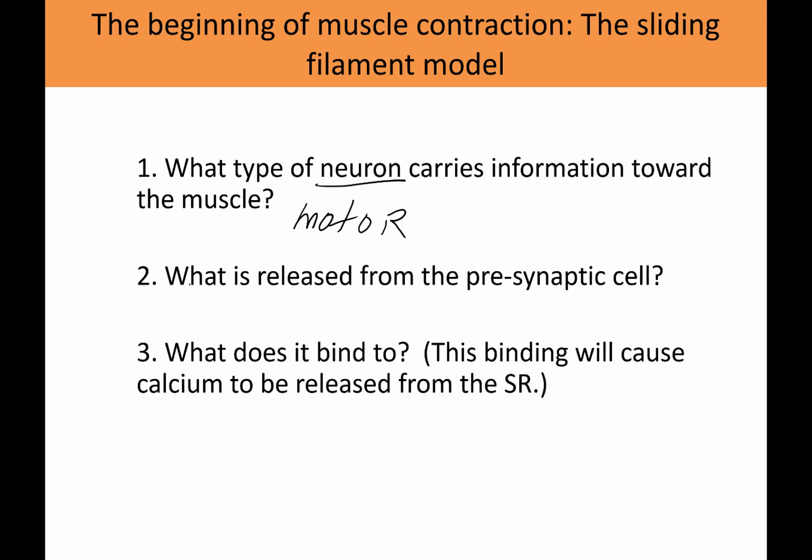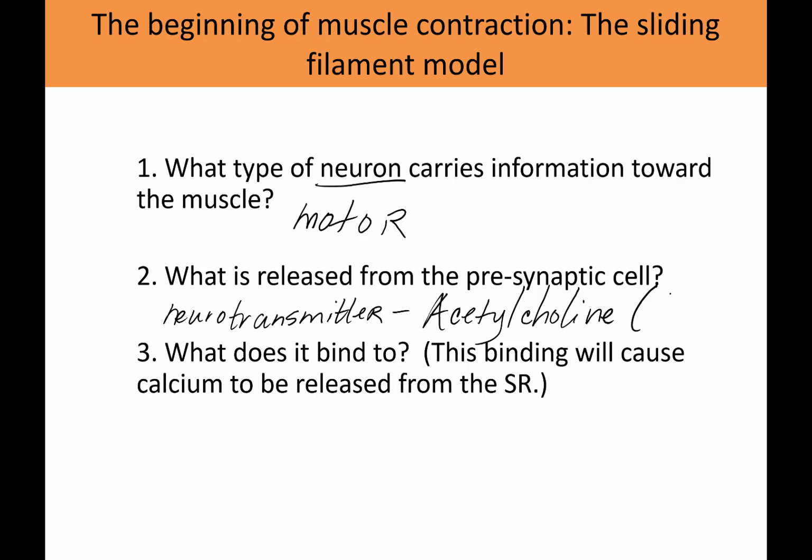And there is a neurotransmitter that is released from a motor neuron. It's called acetylcholine. I will be abbreviating it ACH, so that's fine for you to know as well.